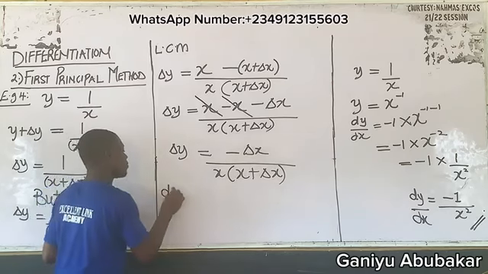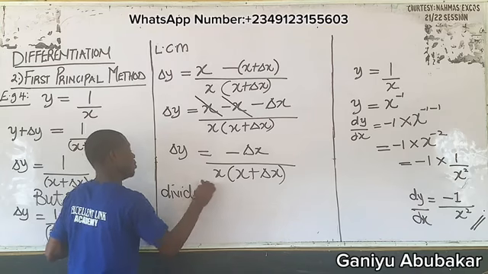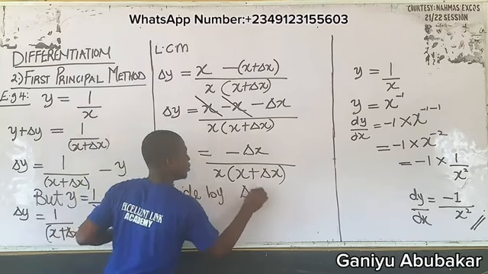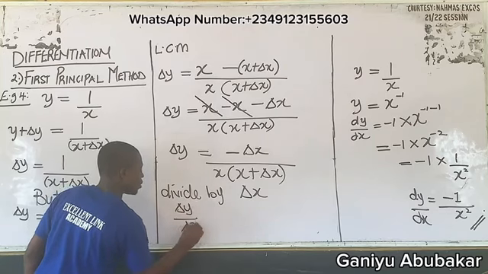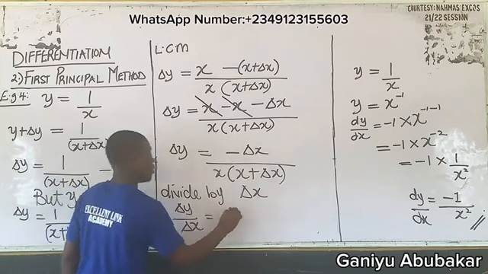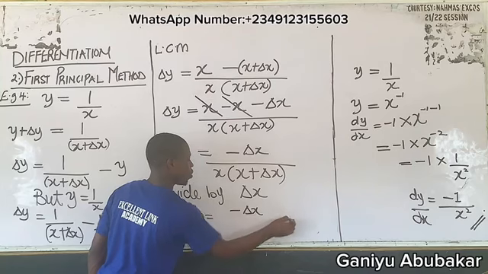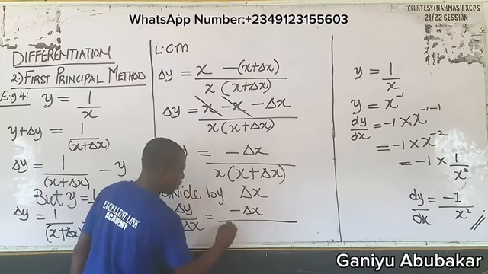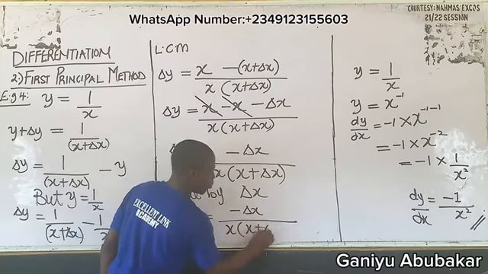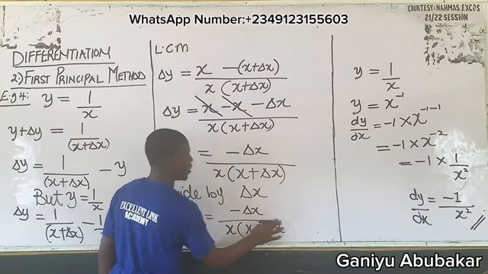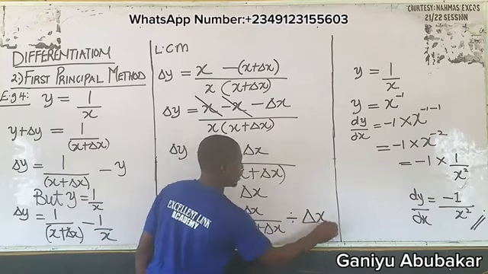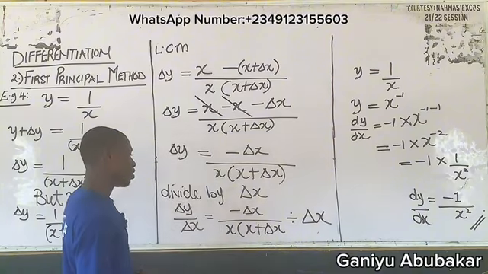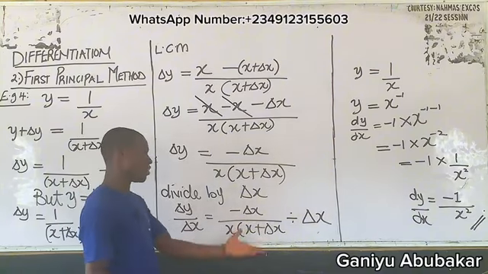So divide by change in x. So I shall have change in y over change in x equal to minus change in x all over x into x plus change in x. We said divide both sides by change in x. So I have this. Right?